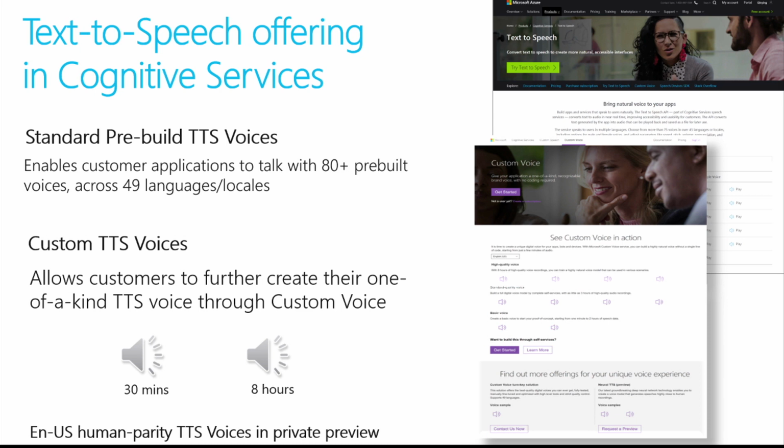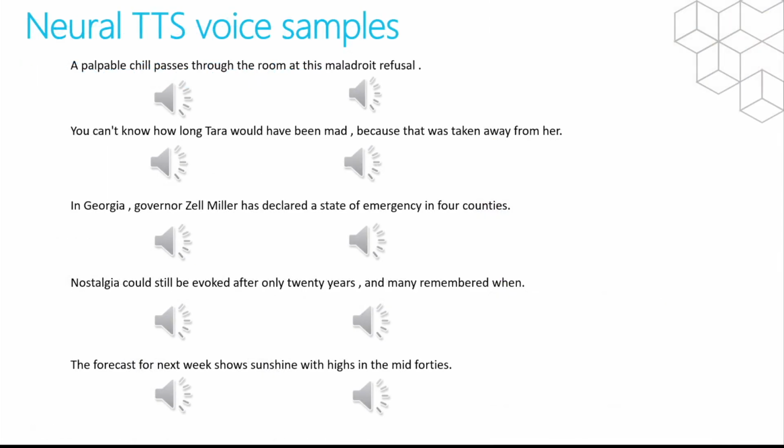This particular feature is not publicly available yet. It's not in GA, but we do have a private preview for it. So if you are interested in creating such voices, you should contact us and we can put you on that program. We support English US, and we support Chinese at the moment. There are a couple more languages that will be coming up.